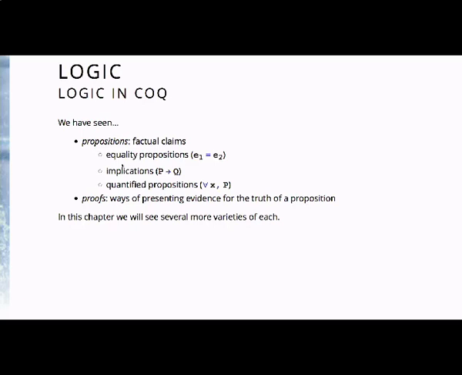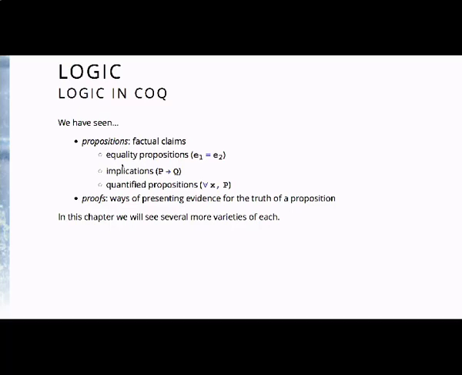So what we've seen so far, just to review, is that the fundamental propositions have been equality propositions. This thing is equal to that thing. And then on top of that, we've added implications and quantified propositions. And then we've also, of course, seen proofs.